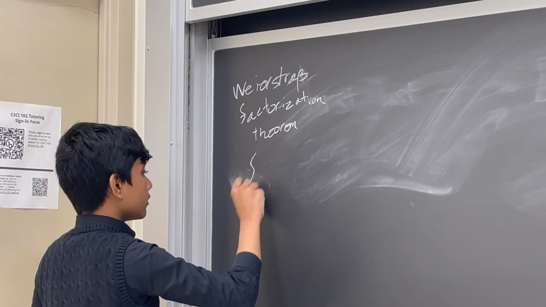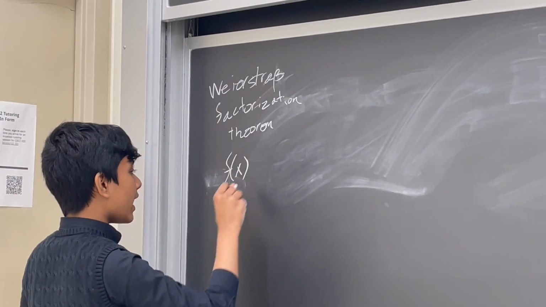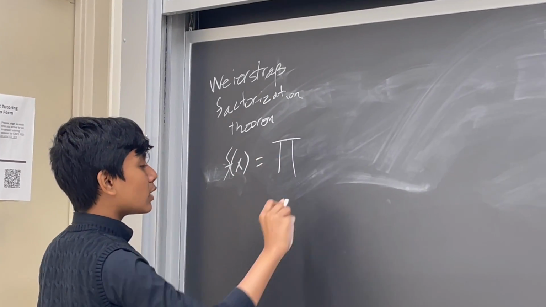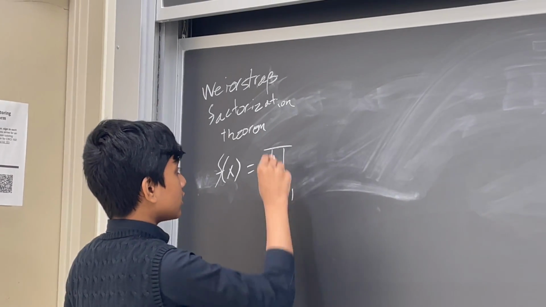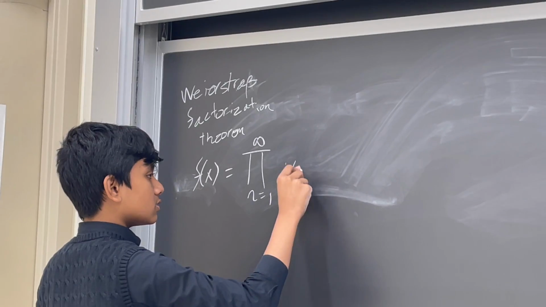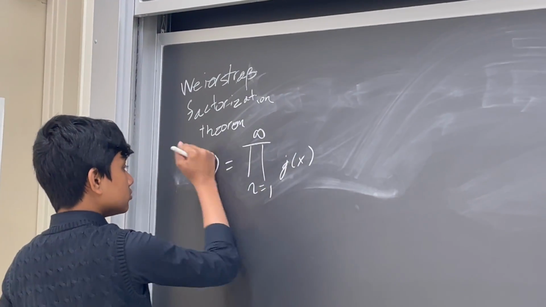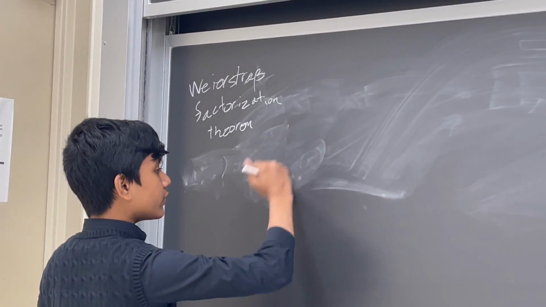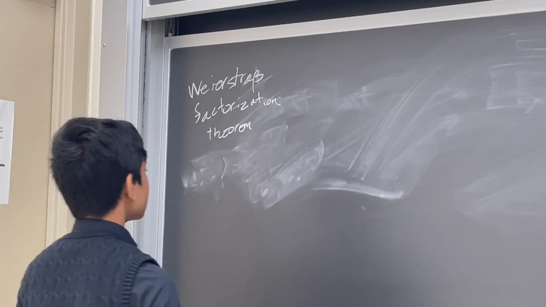So, given any function f of x, we can then express it as an infinite product of some function of x. So, it might involve other variables too, like n, of course.